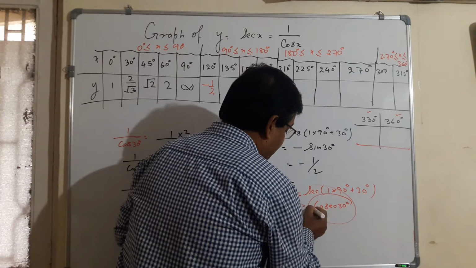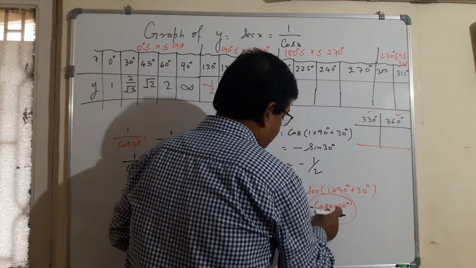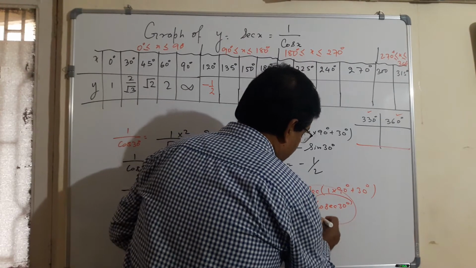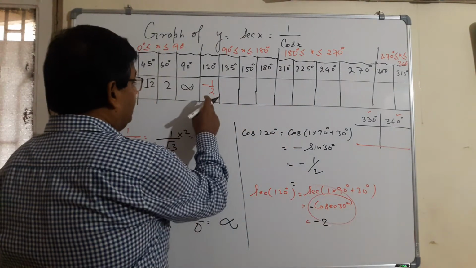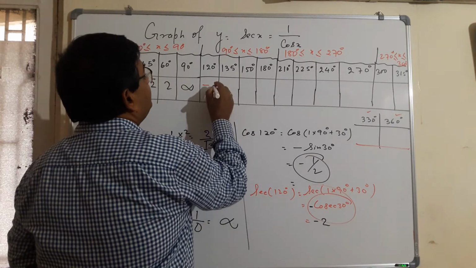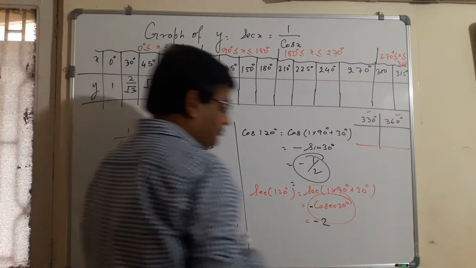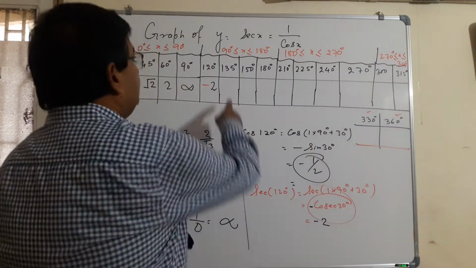So here it becomes negative cosec 30 degree, and cosec 30 degree is 2. So here it becomes minus 2.